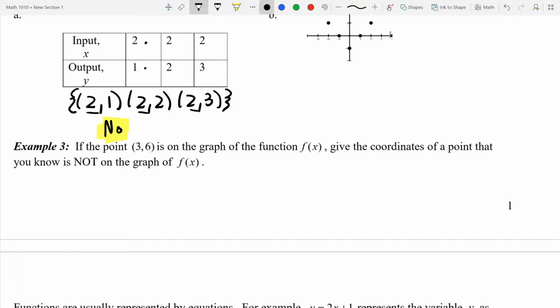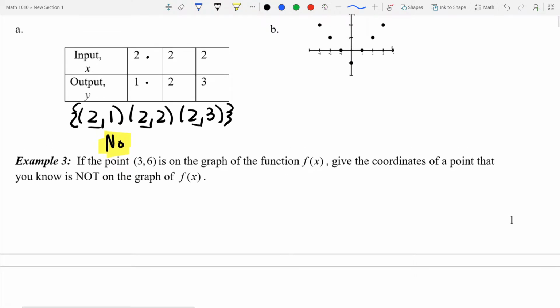Look at question B. What I want you to do is list all of these points. See this guy right here? That is (-3, 2) because I went left 3 and up 2. The next point is left 2, that's -2, up 1, that's +1.